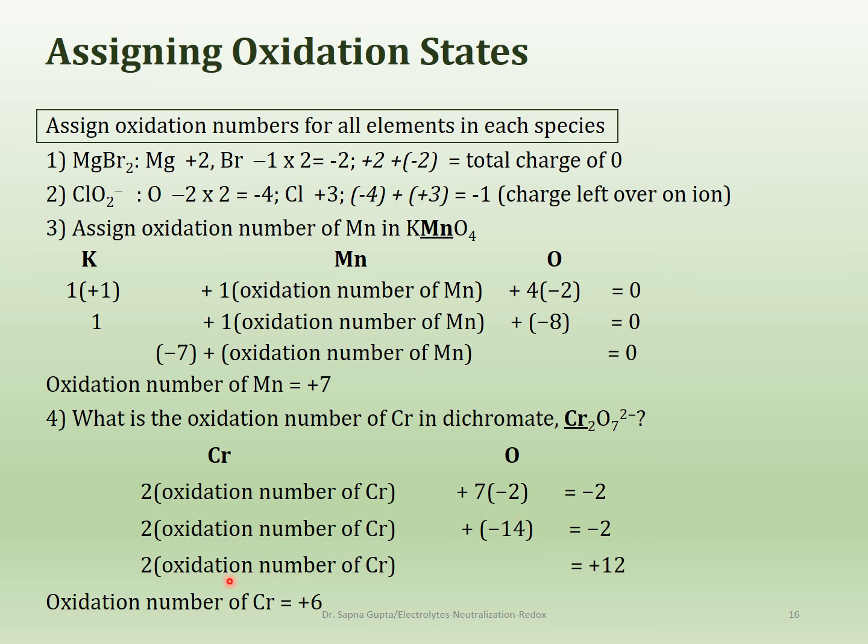And so if you take that, it means that the total charge on the chromium should be +12. -14 on the other side becomes +14. +14 -2 is +12. So the total charge for chromium would be +12. But because you have 2 of the chromiums, you divide 12 by 2 and you get +6. And that is how you calculate for chromium in this case.